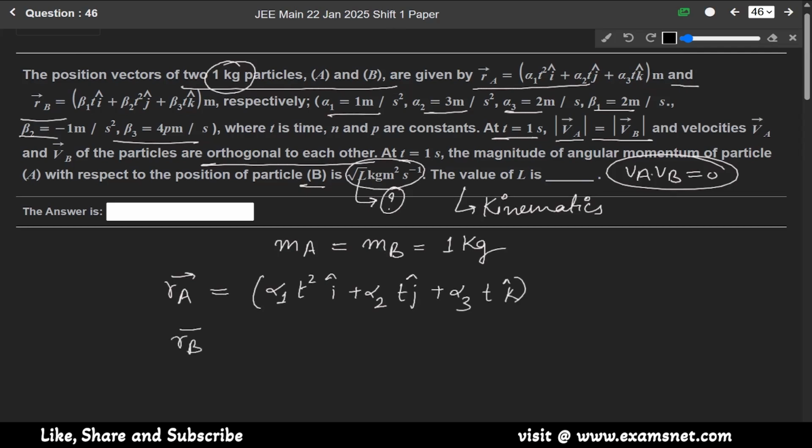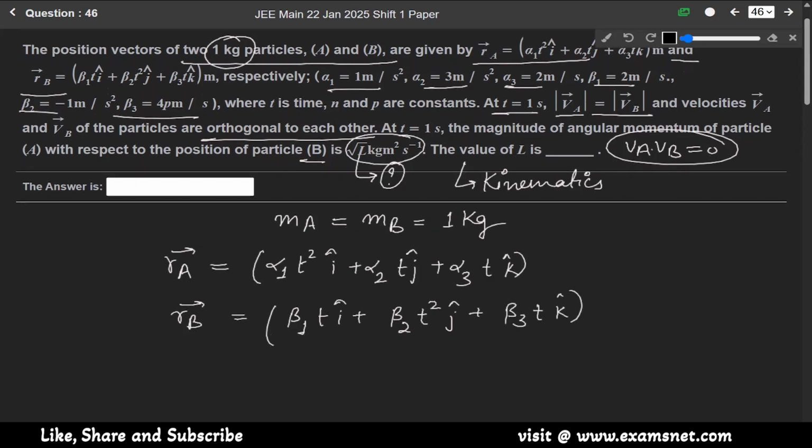And the position vector of B particle is given as beta 1 T iota cap plus beta 2 T square j cap plus beta 3 T k cap. Alpha 1 is given as 1 meter per second square. Alpha 2 is 3, alpha 3 is this, and beta 1, beta 2 and beta 3 values are given.